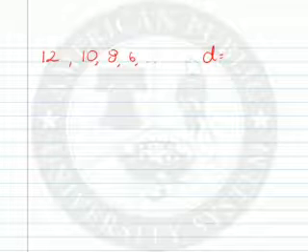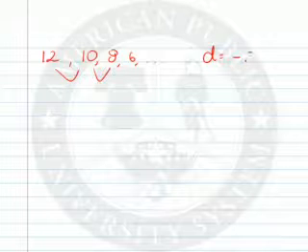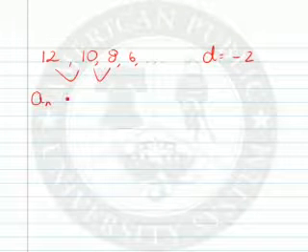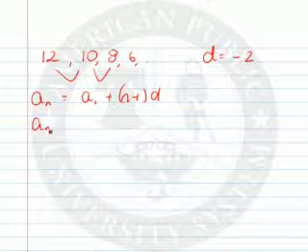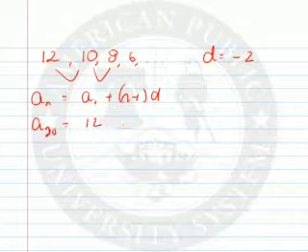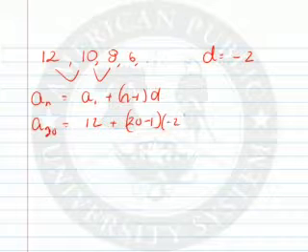Let's take this one. What's the difference here? It's arithmetic. Now the difference is, yeah, that's right, you're taking away 2 each time, so the difference is negative 2. Want to find the 20th term? We use a sub n is equal to a sub 1 plus n minus 1 times d. A sub 20 is equal to a sub 1, that's 12, plus 20 minus 1, times the difference, which is negative 2.